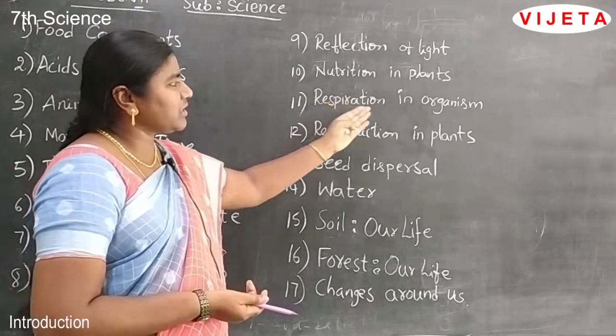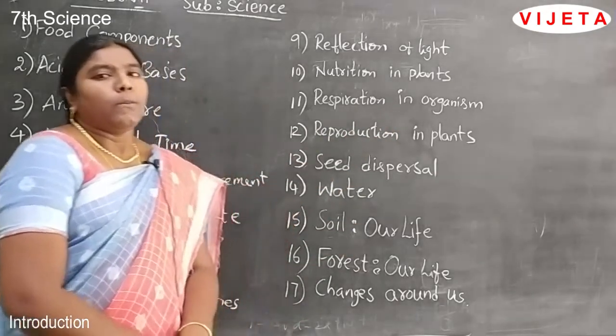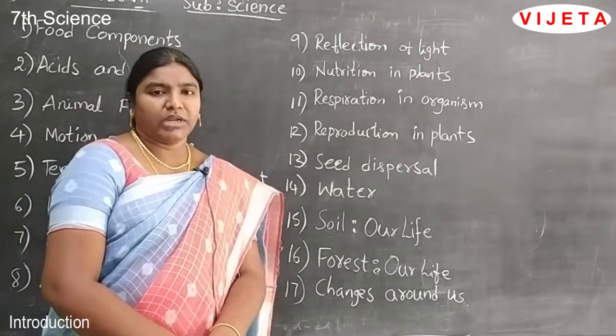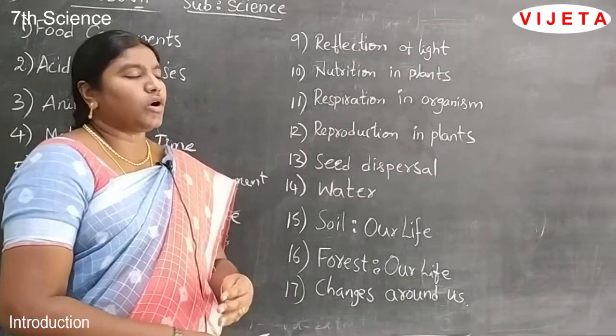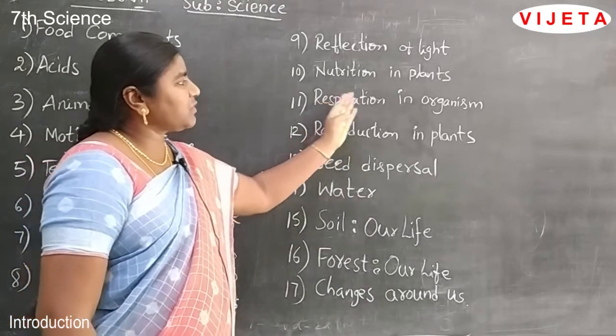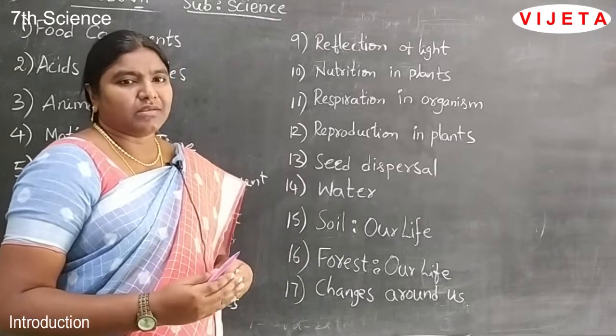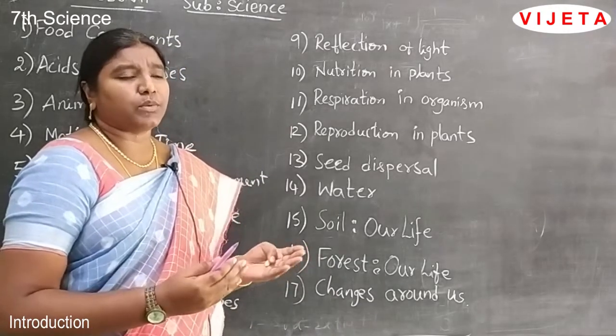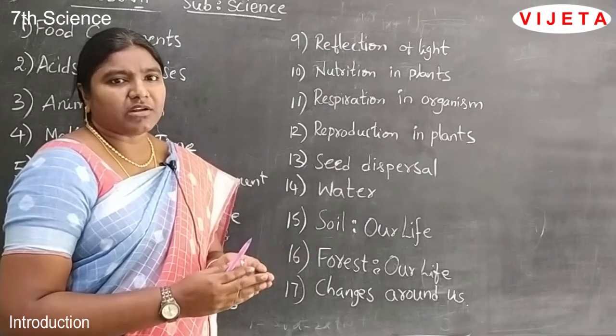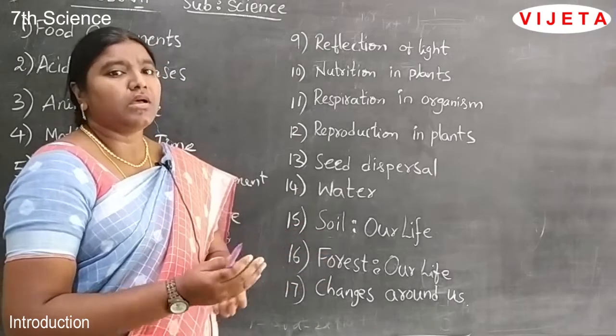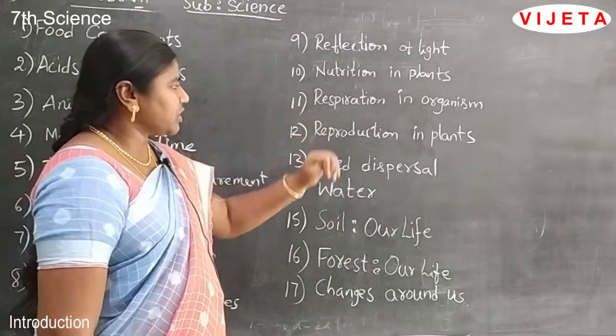Next, respiration in organisms. We breathe in and breathe out, and the process is called respiration. How respiration happens in animals and human beings, and the different processes, are the topics we learn in respiration in organisms.